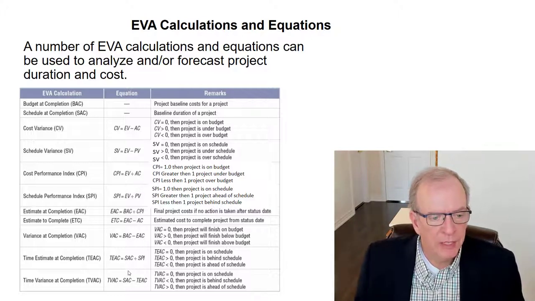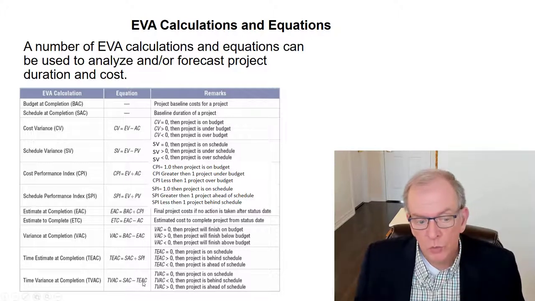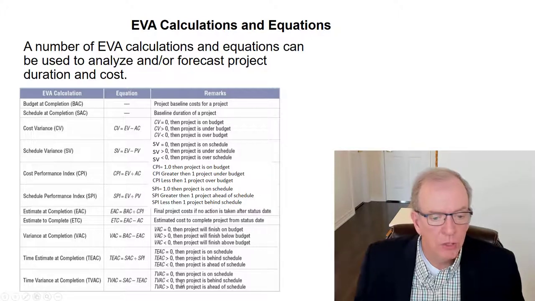Now if I know that that's 125 days, I can say, all right, the schedule at completion was 100 days minus the time estimate at completion, 125. So 100 minus 125 gives me negative 25. So if that's the case, we're going to be 25 days behind schedule. If we're less than 0, we're going to be behind schedule. So that's why minus 25 would put us that far behind schedule.